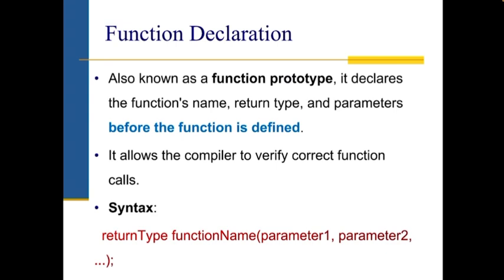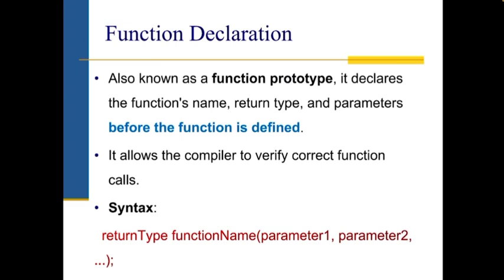So we move to function declaration, also known as function prototype. It declares the function's name, return type, and parameters before the function is defined. It specifies the name, the return type, and parameters.